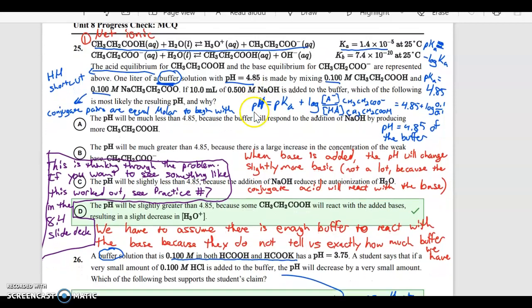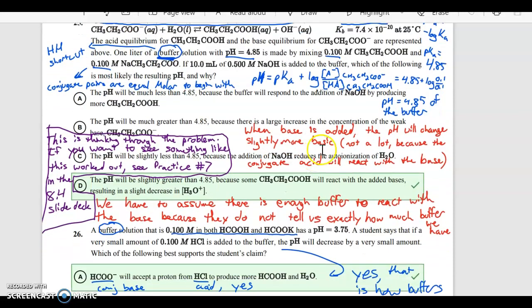But when we work through this, and they tell us that we have 0.1 molar of our conjugate base, and then they add some NaOH to it, you can work through the problem, or just think through the problem: we're adding a strong base, and a buffer does not change the pH significantly.